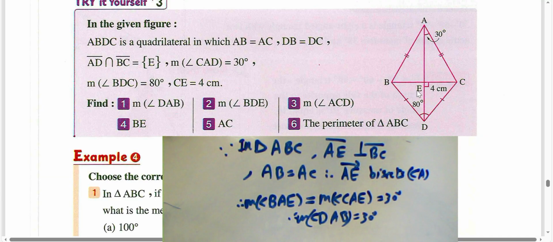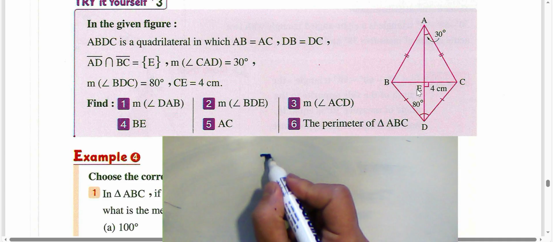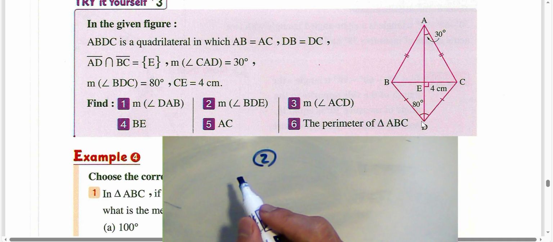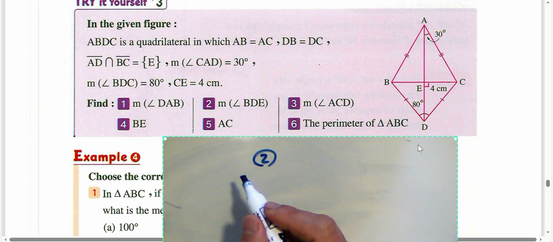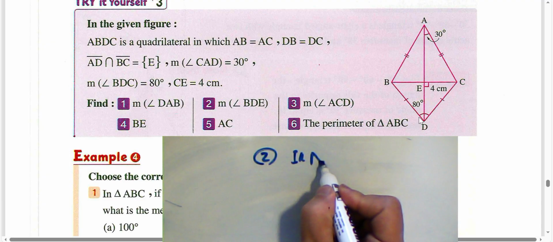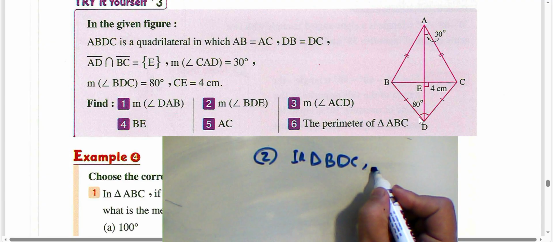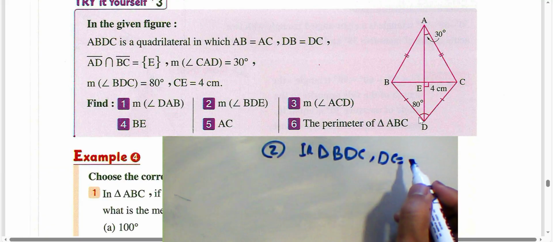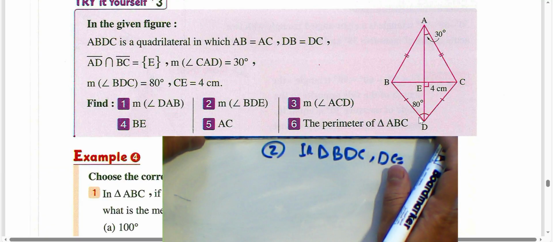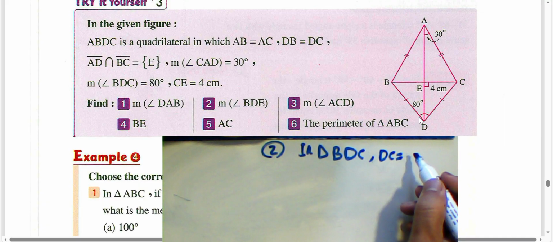BDE. Okay, I will cancel this to complete number two about solution. Here he wants to find this angle. Now we can prove that in this triangle down, BDC, we have DC is equal to DB.